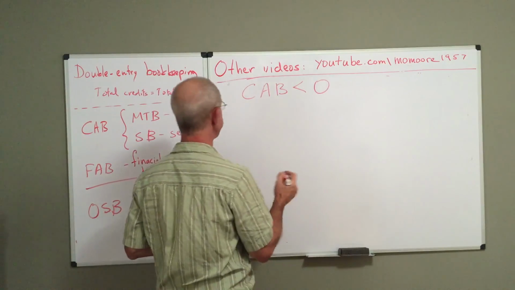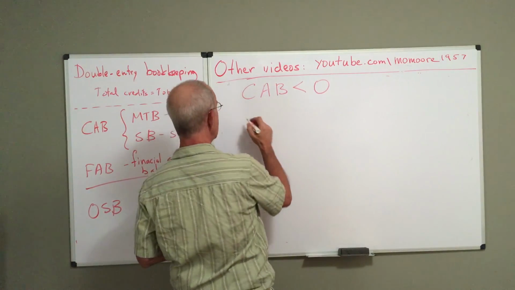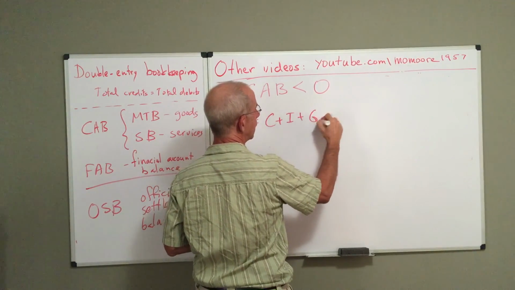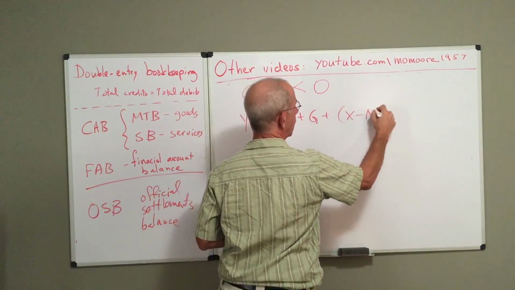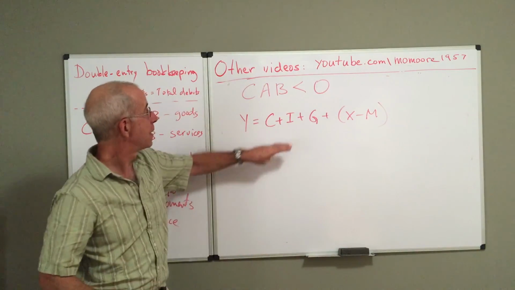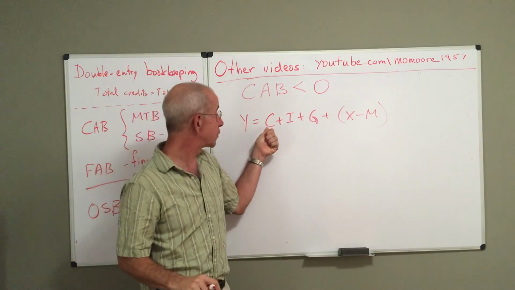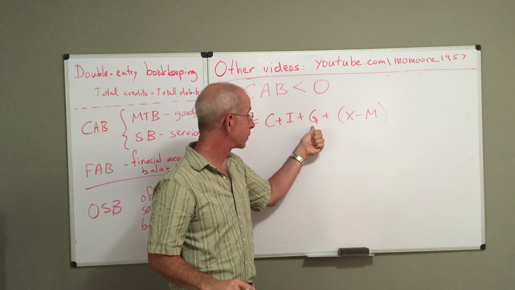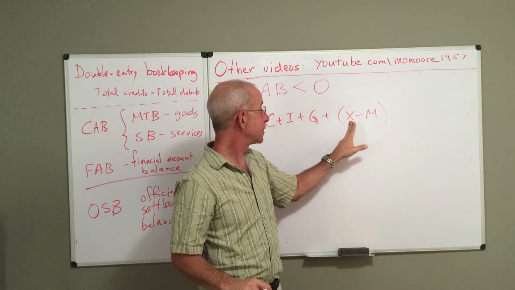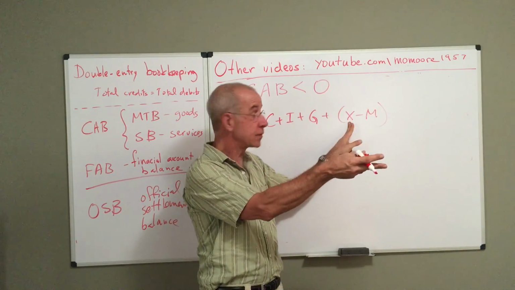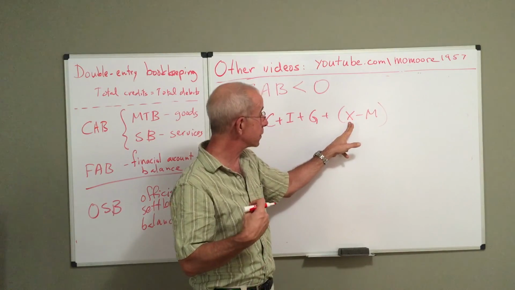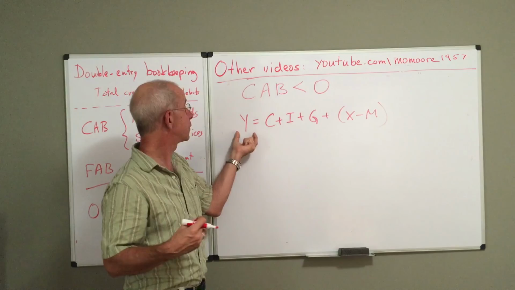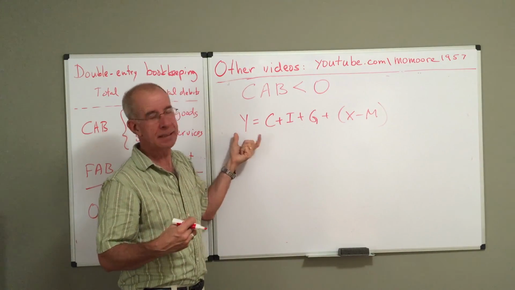From other classes, you may be familiar with this relationship: that national expenditure by consumers, plus investment goods, plus government spending on goods and services, plus exports, the foreign purchases of our goods and services, minus the imports, is equal to basically national income.